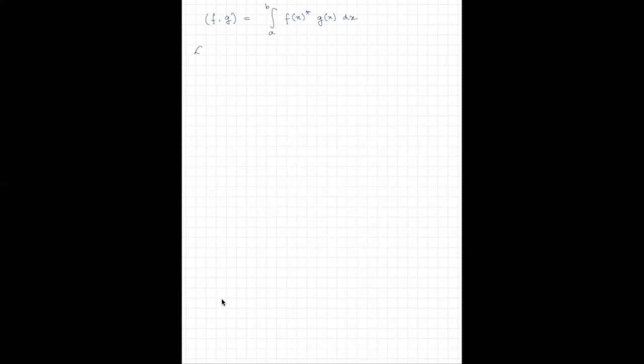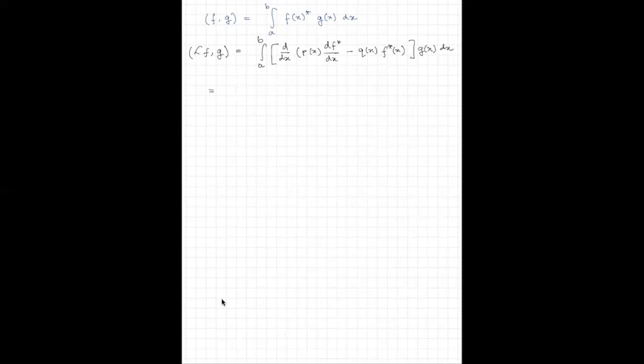So let's do this. Okay, so L of f on g. This is the integral from a to b of d/dx of p(x) df star/dx minus q(x) f star(x), acting on g(x) dx. All right.